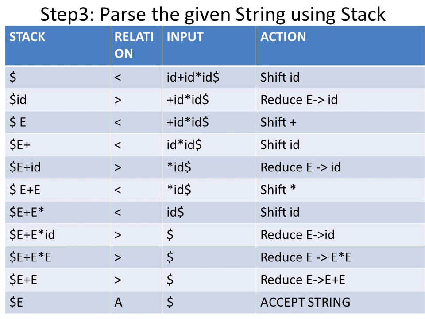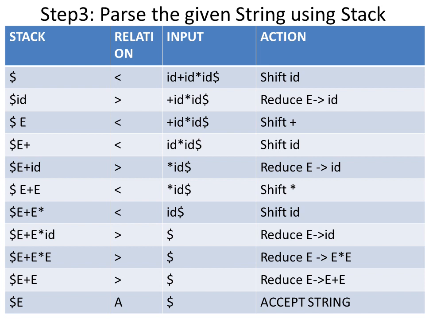And what is the action to be performed by the parser is reduce E implies ID. So this is one production rule in the grammar. E implies ID is the production rule. So reduce E implies ID.